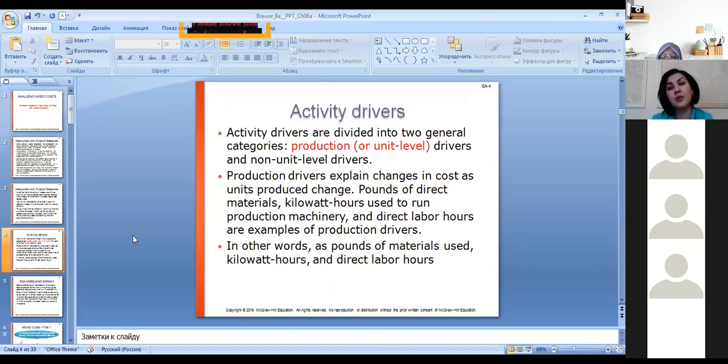So pounds of direct materials, kilowatt hours used to run production machinery, and direct labor hours are examples of production drivers.